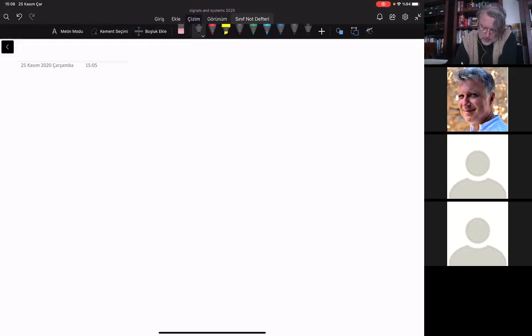Now, the next example is quite a typical one, which is the rectangular box. Its value is 1 from, let's say, minus capital T1 to capital T1, and this is x of t.